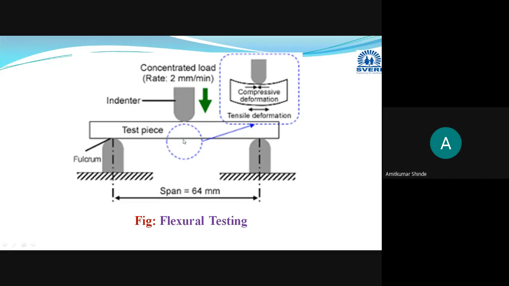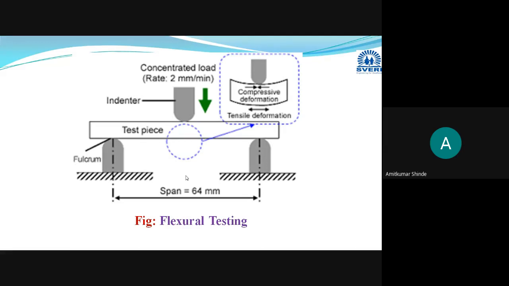And in this test we are going to determine the maximum stress that can be carried by the outer fiber of that particular test specimen, or that particular plastic material. That will be termed as the flexural strength.